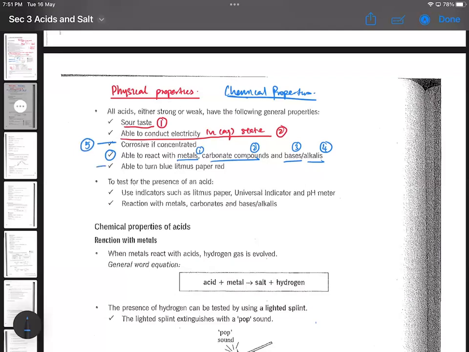Litmus test, chemical property number 6. Okay. Any questions for anyone on the chemical and physical properties of acids? Okay.